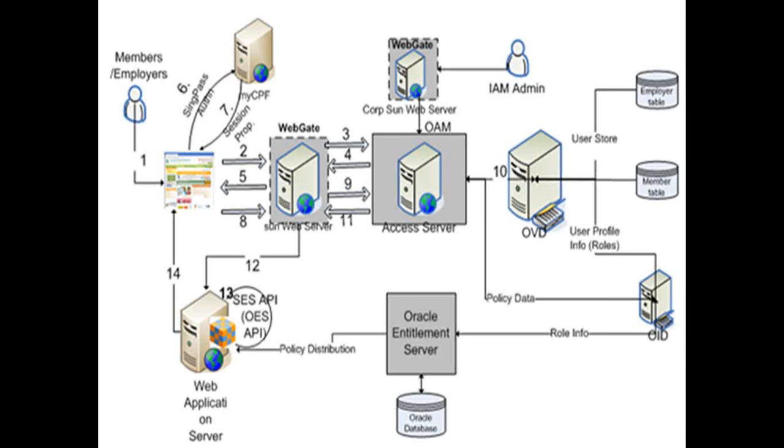Then 10, and it goes back to the portal and back to the web gate. Now the request is still at the iPlanet or web server, and it goes to the OAS, where it does its function, and goes back to the portal. So this is the normal scenario in a PF office or PF infrastructure, where the user logs in and these products are used.